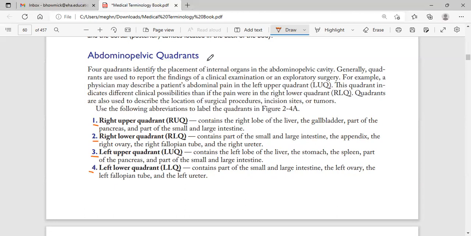So imagine the abdomen is divided by two lines. So this is the right upper quadrant, this is the right lower quadrant, this is the left upper quadrant, this is the left lower quadrant, right?